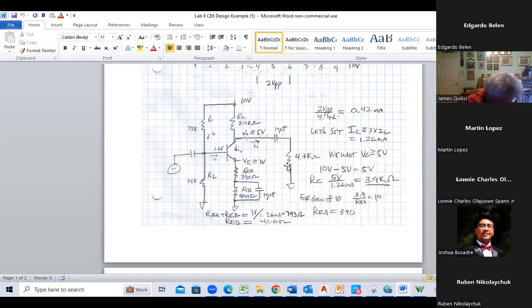I'll put in 150 and see if I can get my gain up to 10. Okay, let me swap that in real quick. Let's see, this is the first resistor of the emitter. Okay.